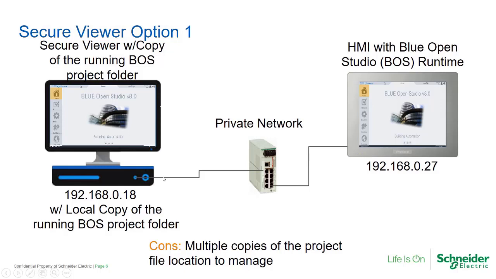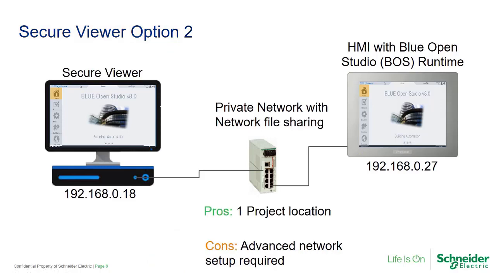So the downside about using option number one is that if you do make a change to your runtime machine, say I want to change the button for home, or I want to make a modification to that project, I have to make sure that I also update that project on the client machine. It's simple to make this configuration, but it takes a little more work to maintain if you're going to make changes to the project. So that is Secure Viewer option number one.